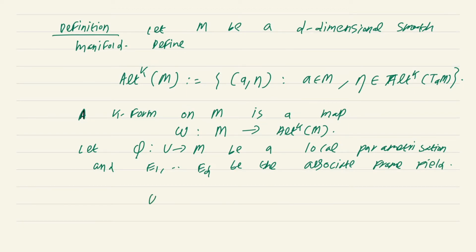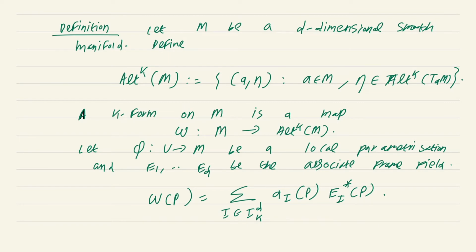Then you can write omega of p as the summation, I running through the index set, of a_I of p times E_I star of p. For the definition of what this E_I star of p is, refer back to the previous videos. These are some basis forms that I had defined when we studied this space of alternating k-forms on a vector space.